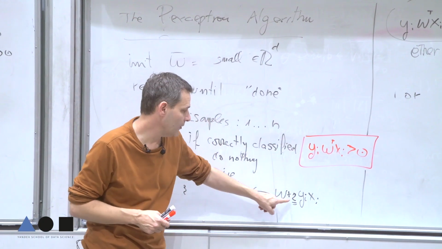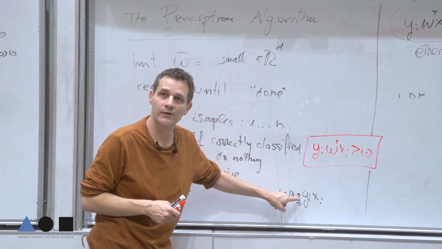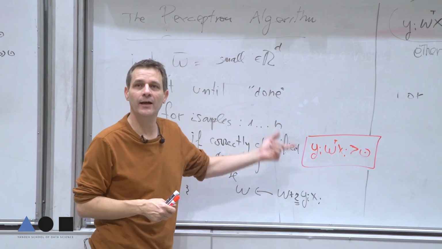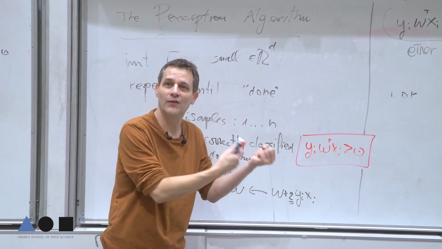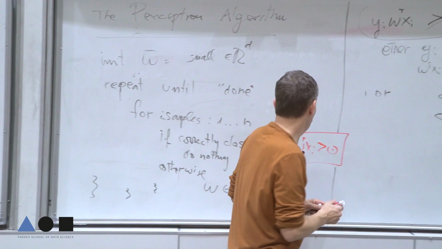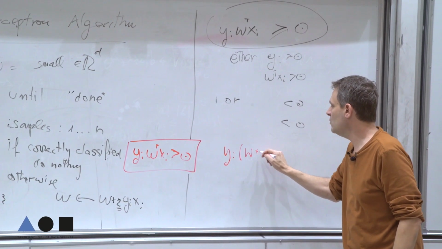See what happens now that you added this thing. Let's see what happens at the next iteration where you encounter that specific sample. Now you have y_i, but you have a new w.